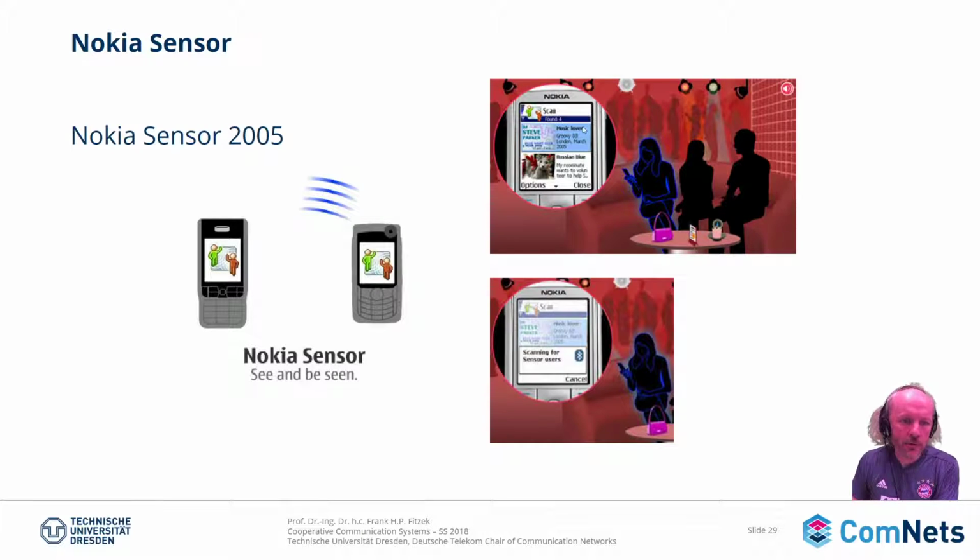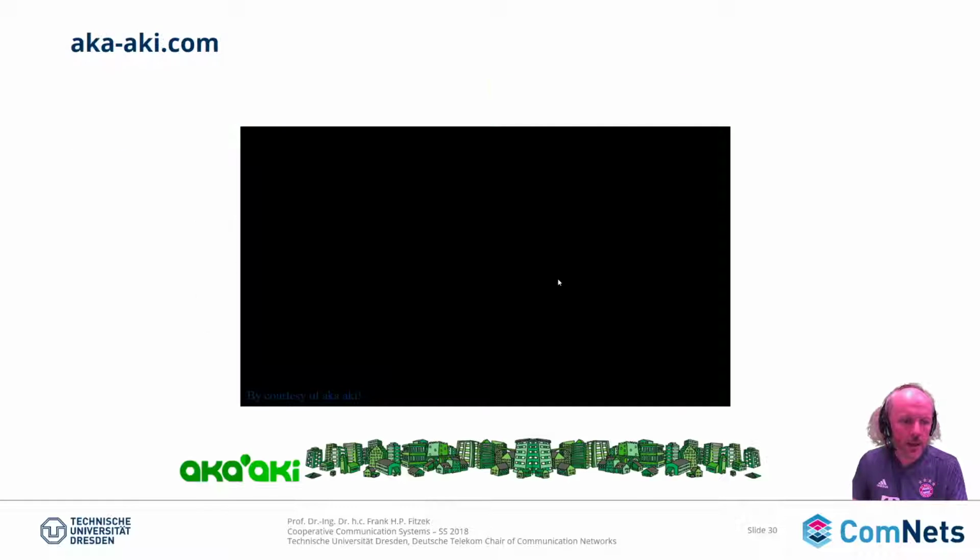You had an app on your phone, and you could state your preferences, and then if you find people close by, it made a little sound, so you can look around and see the people. This was just getting people connected. That was not about sharing some wireless resources.